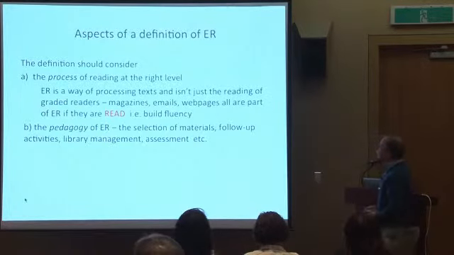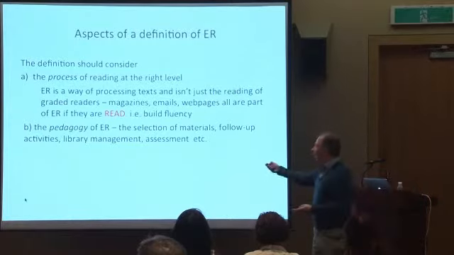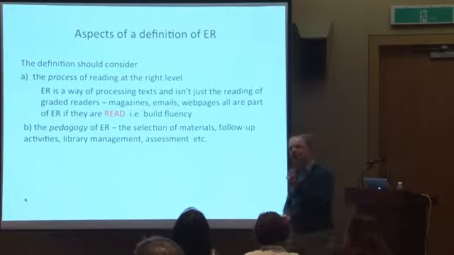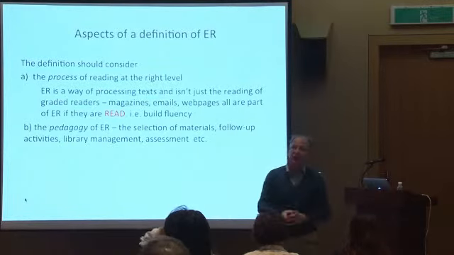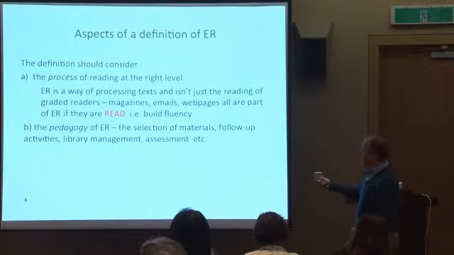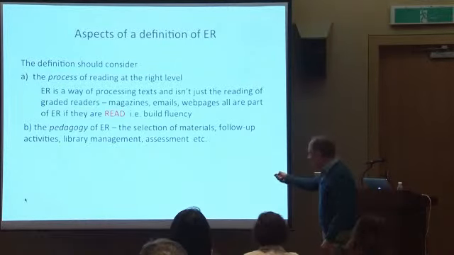So the definition should include two separate things, one of which is the process of reading. If they're reading in a certain way, then probably we can label it extensive reading, or at least aiming at that. So ER, from one half of the definition, is a way of processing text, fast, fluent reading.